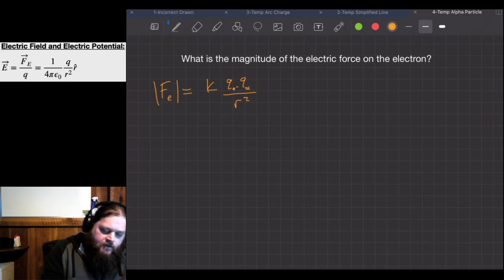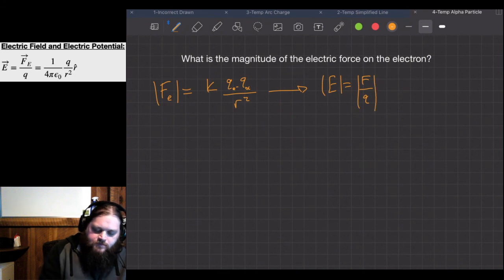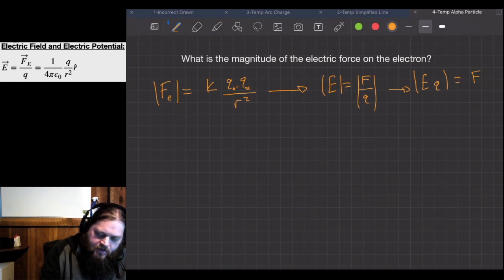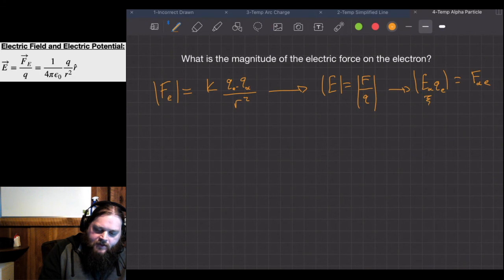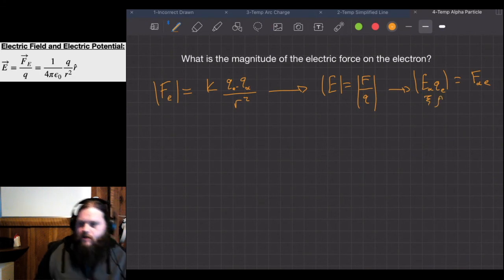There's a simpler way to do it, though, because we know that the electric field is equal to the force divided by Q, magnitudes, which means that the electric field times Q would equal the force. And if we say that the electric field of the alpha particle times the charge of the electron should equal the force of the alpha particle on the electron, since we've already calculated this, all we have to do is multiply it by the charge of an electron.